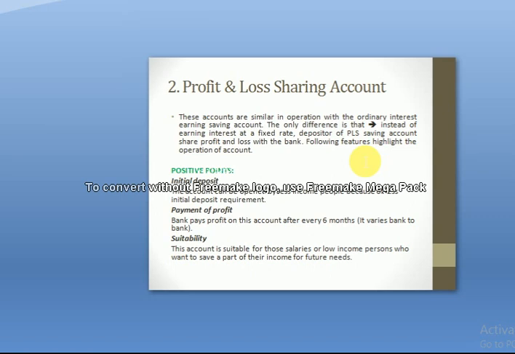Means that drawings from this account are done only and only through check, not with ATMs.